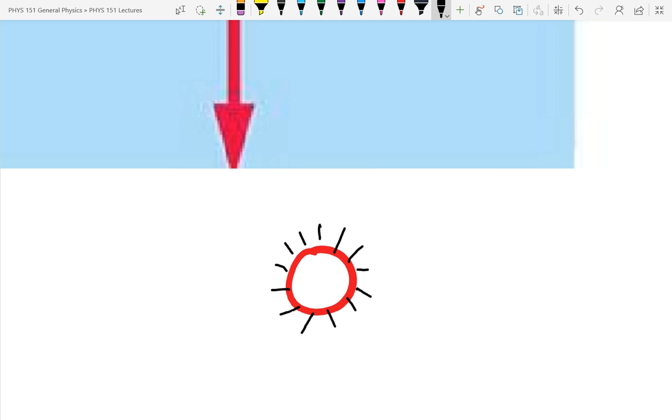And so I would have a force going away from this foot in the direction of each one of those little black lines. And of course, it's actually continuous.